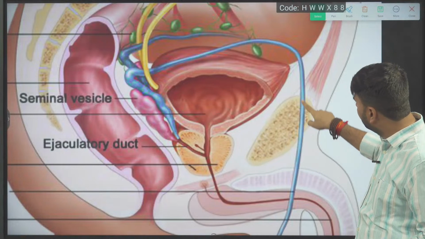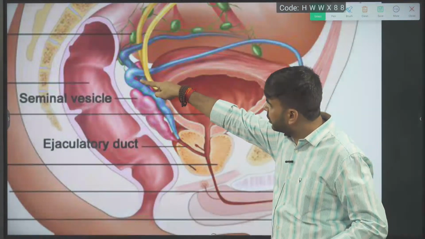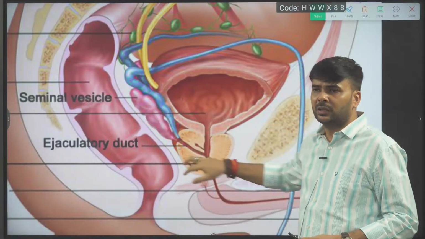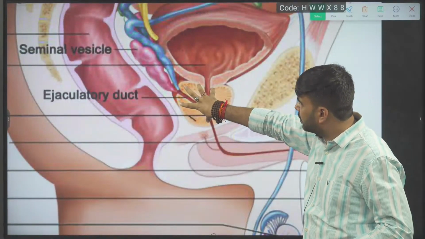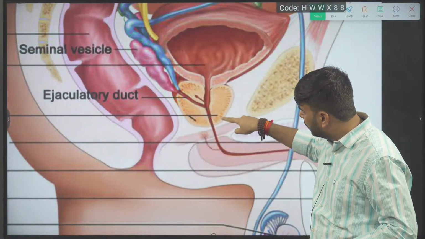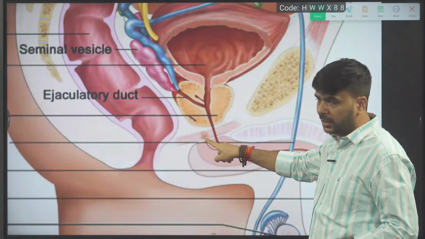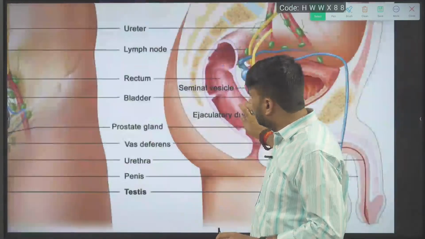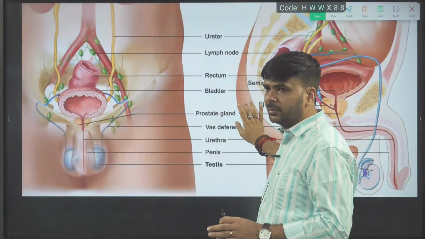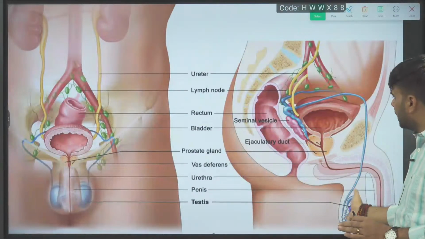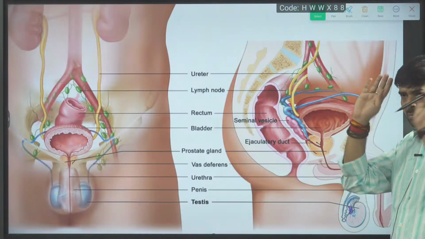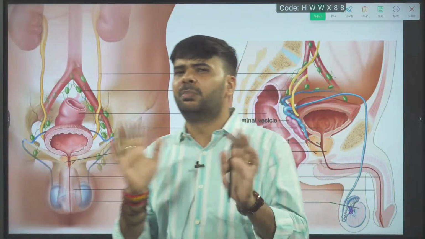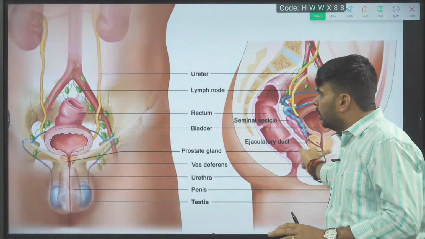This is vas deferens, and vas deferens forms the ejaculatory duct. This pink one is the seminal vesicle. This area is the prostate gland, and here is the bulbourethral gland, not labeled here, I think. Don't worry, we'll discuss it in another diagram. So the basic lateral view is clear. Set one mindset: how these ducts are connected. Simple. Now go to this one.